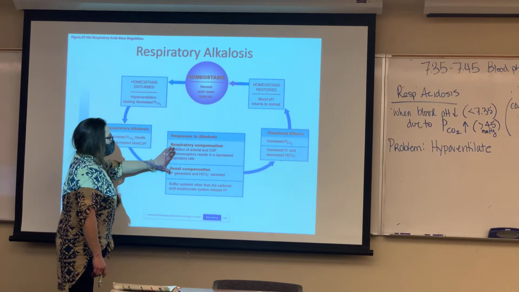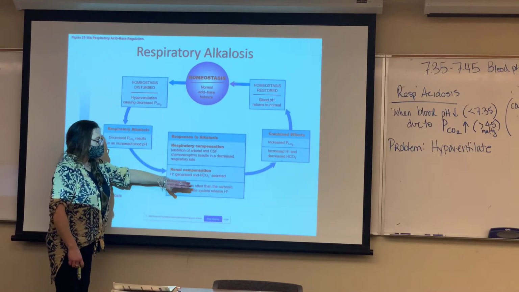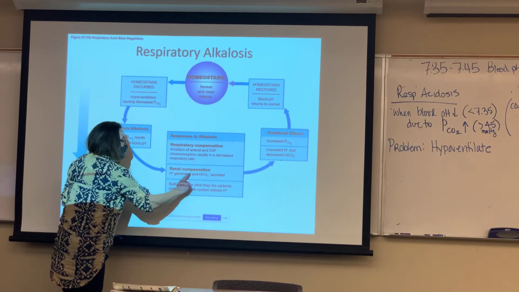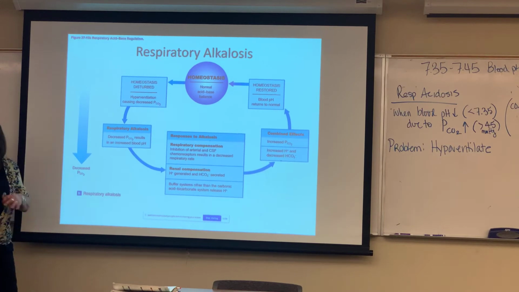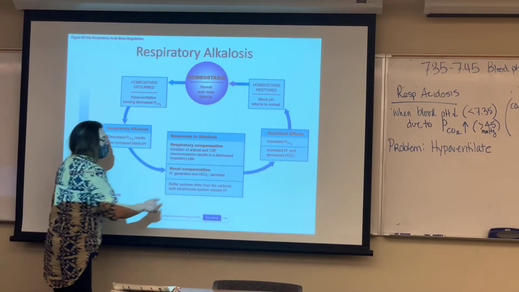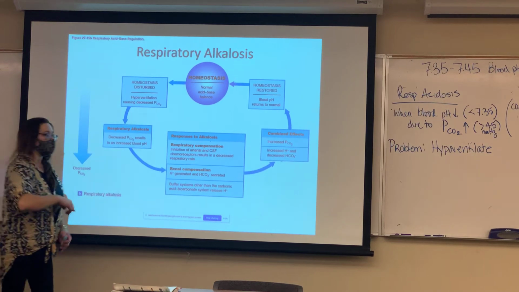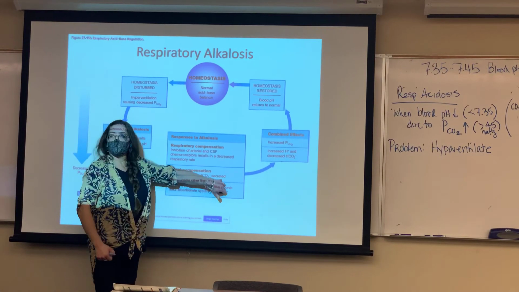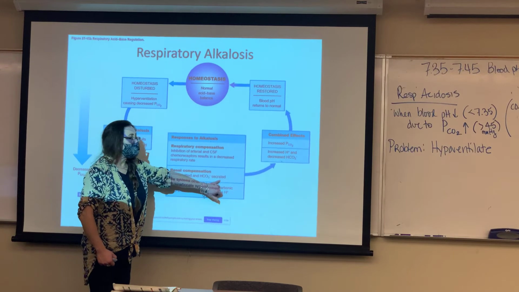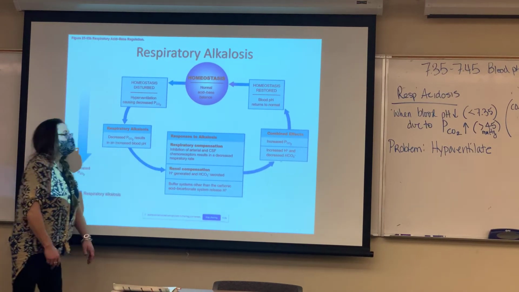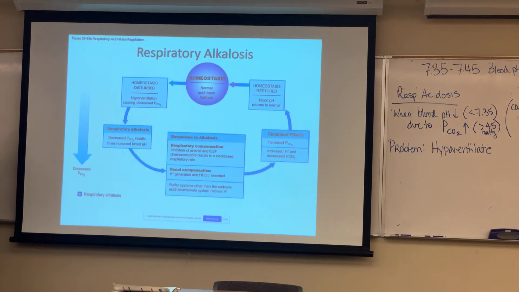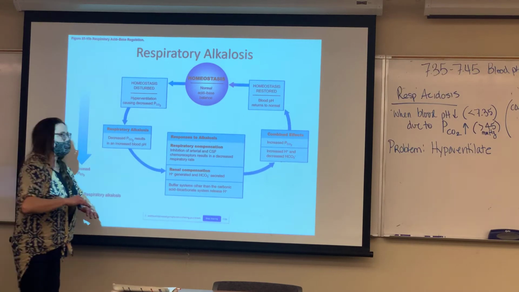Then at the kidneys, we're going to see hydrogen ions again. Here it says generated. We didn't talk about it. We're going to say hydrogens are reabsorbed, put back into the blood, while bicarb is getting secreted. A respiratory reflex will try to get triggered to slow the breathing down.